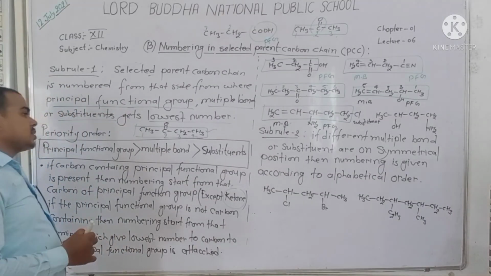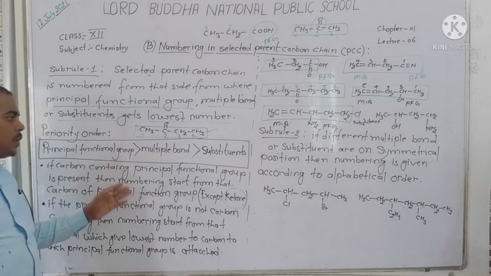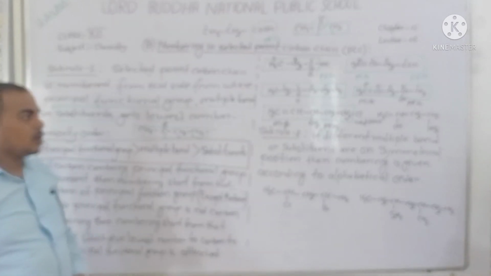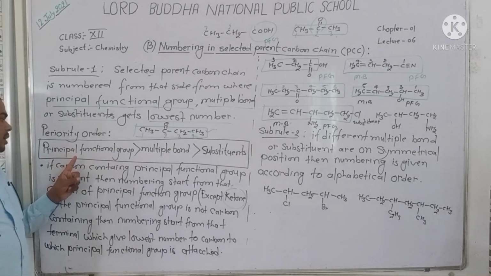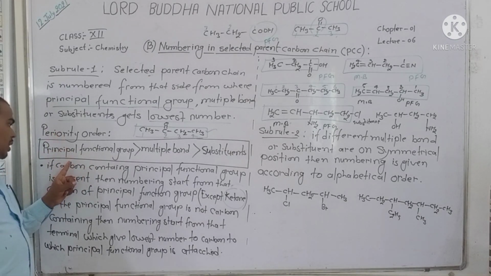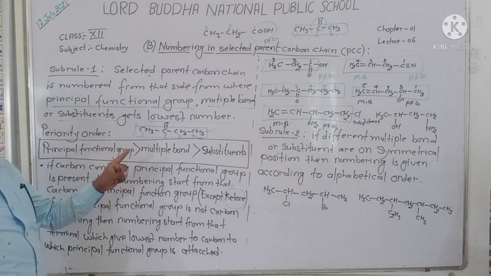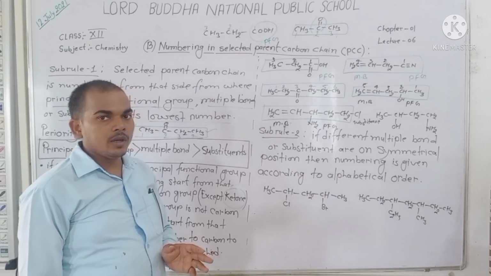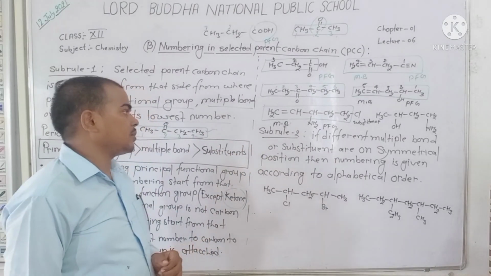But you know that if in a compound the principal functional group, multiple bond and substituent are all present, then you give more priority to the principal functional group as compared to the multiple bond and substituent. So the counting starts from where the principal functional group gets the lowest position.